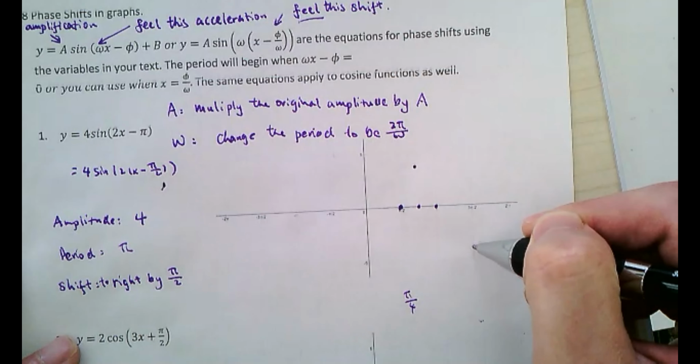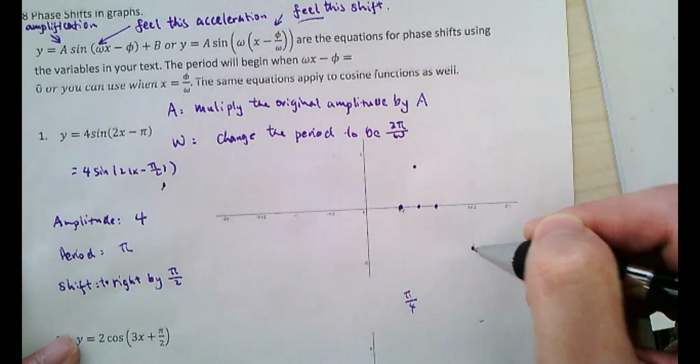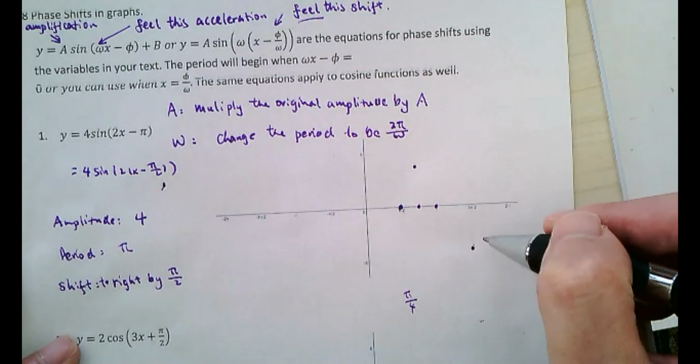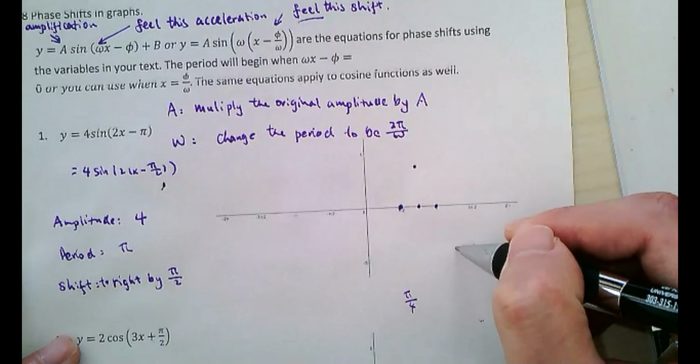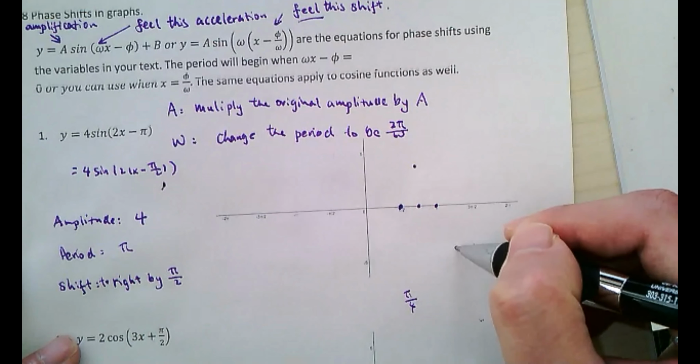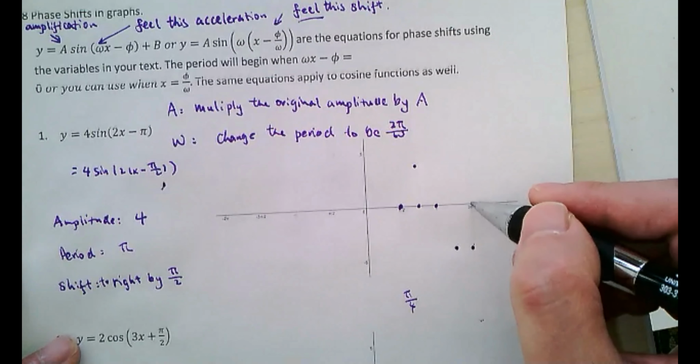So if you add another pi over 2, okay, another pi over 2, you reach its minimum here. If you add another pi over 2, you get to this, which goes back to 0.